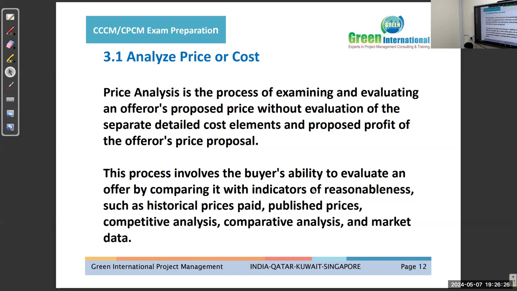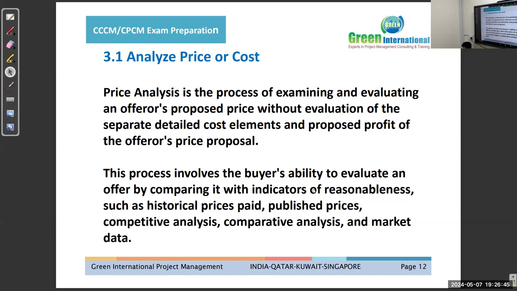What will be the price analysis, how will you analyze his price, and as a seller, how will you keep your price, how will you have the reference for that price, how will you select that price. All of these things will go through this competency 3.1.